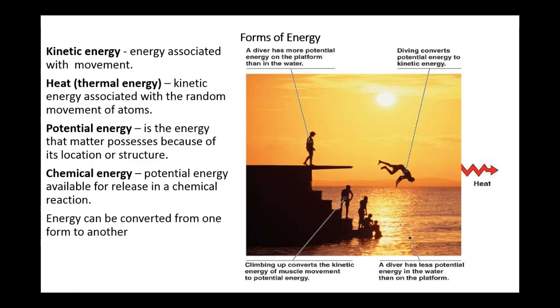Forms of energy: you have kinetic, and that's the energy associated with movement. You have thermal energy. When random atoms move around, that movement is inefficient, and the kinetic energy associated with random movement, the moving of atoms, gives off heat, and we call this thermal energy.